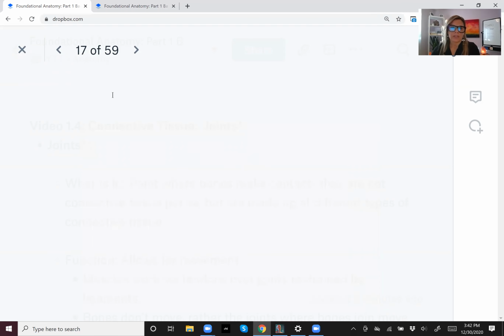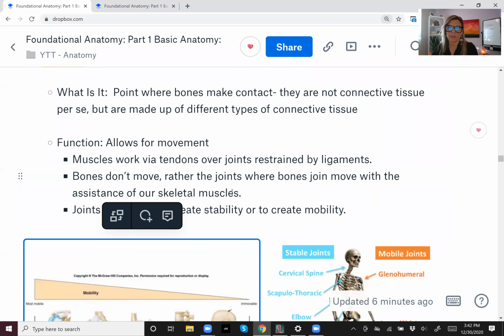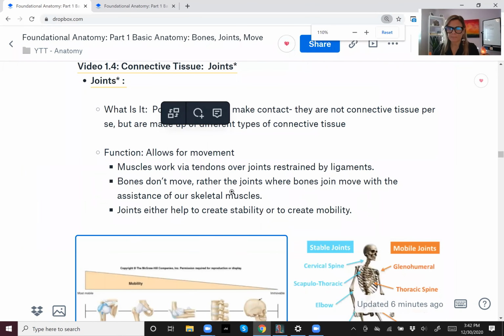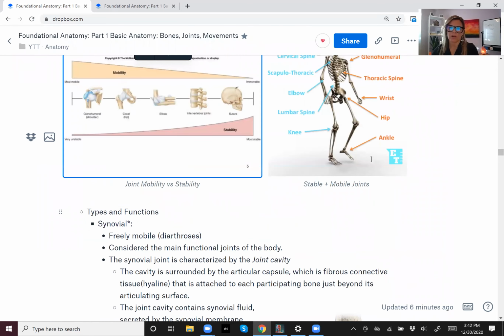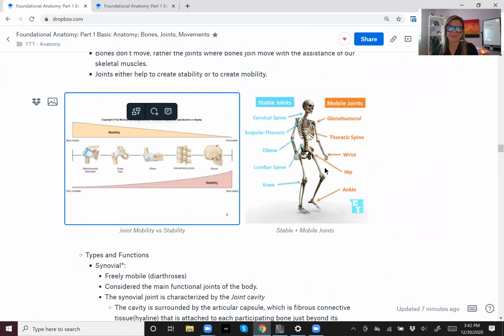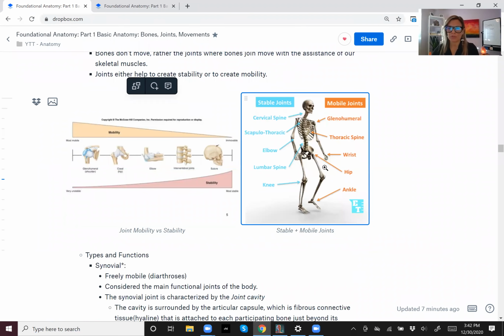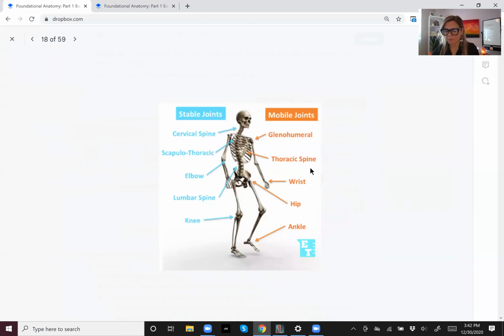And then this is a really nice picture here that gives this overall concept of stable versus mobile joints. And we'll take a quick peek at that too. You don't really have to remember them, but it can help to know a little bit more about it. So on the right side of the body are the things that we consider mobile.